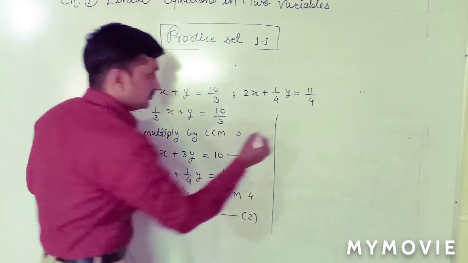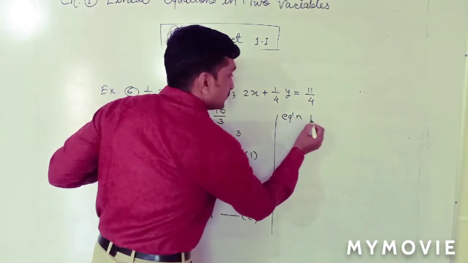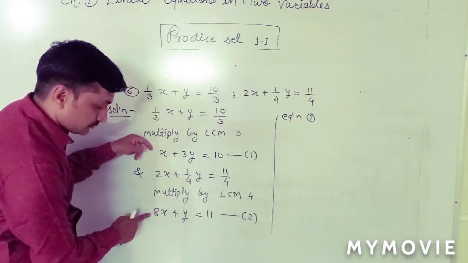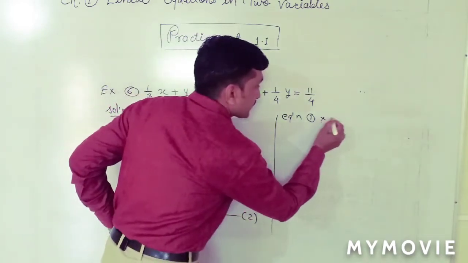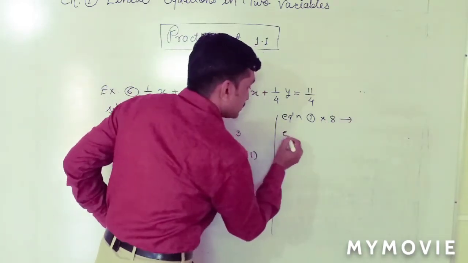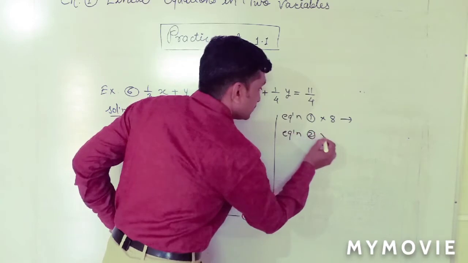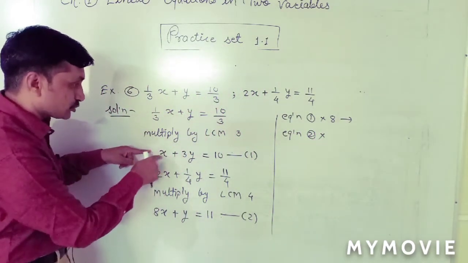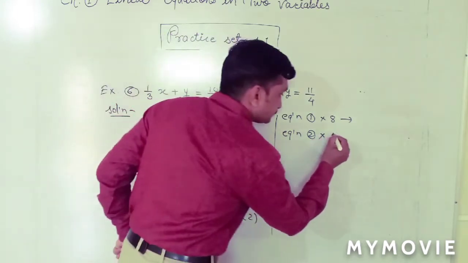Now equation 1 multiplied by the coefficient of x of the second, that means 8, and equation 2 multiplied by the coefficient of x of the first, 1.